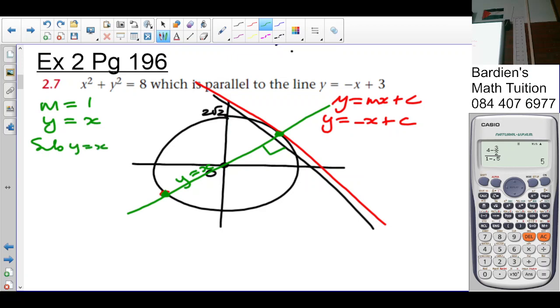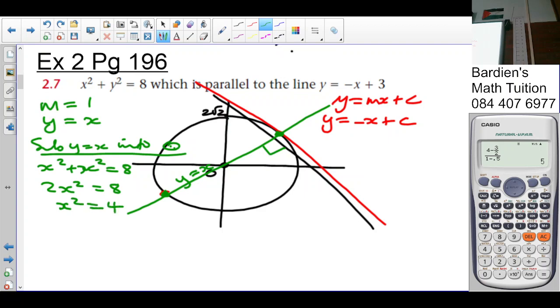Substitute y is equal to x into the equation of the circle. So what do we have then? x squared plus y squared, which is x squared, is equal to 8. x squared plus x squared is 2x squared is equal to 8. Divided by 2. x squared is equal to 4. Square root thereof, plus minus 2. So there your x is negative 2. And there your x is 2.